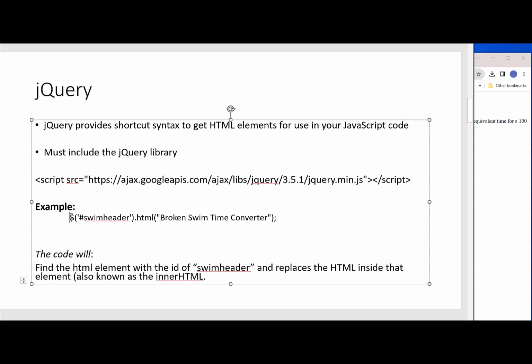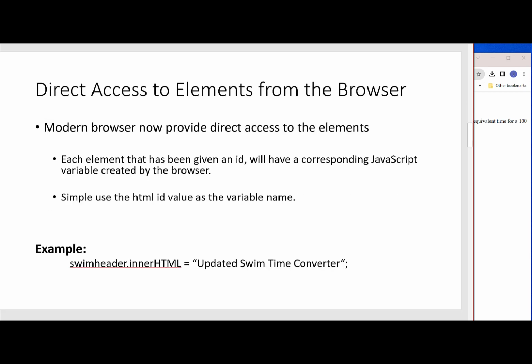This is just a function named $, it does exactly what we did before. It finds that HTML with the tag swim header and replaces the inner HTML with the string broken swim time converter. jQuery was very popular for a while, but browsers have improved such that you do not need to use jQuery anymore. You can directly access the elements from the browser.